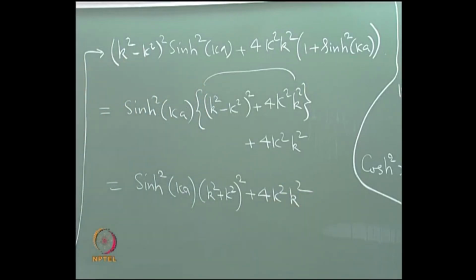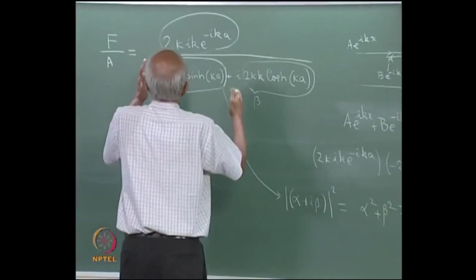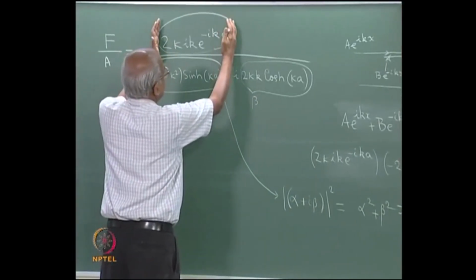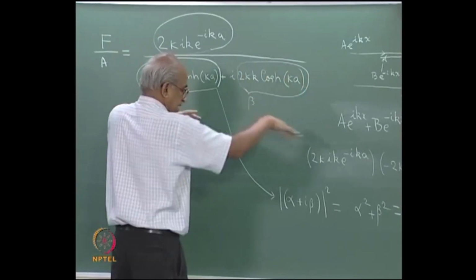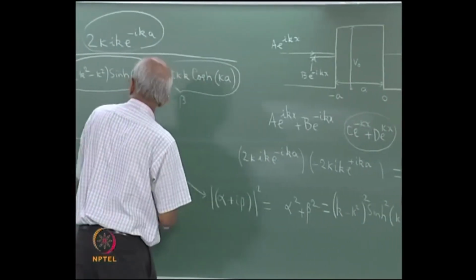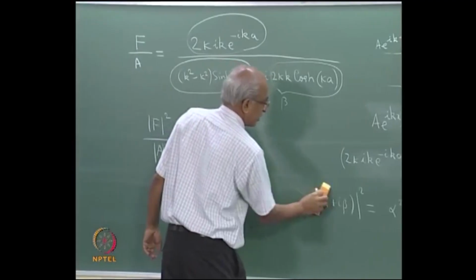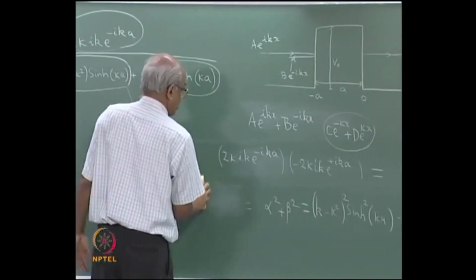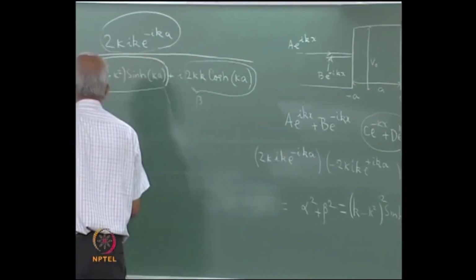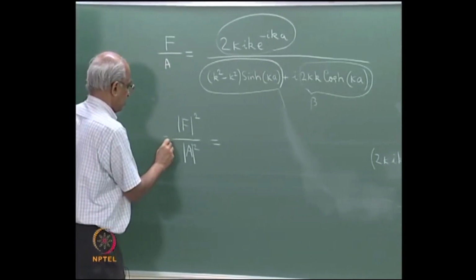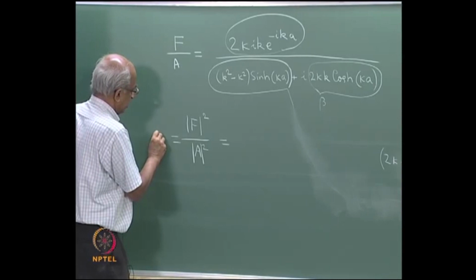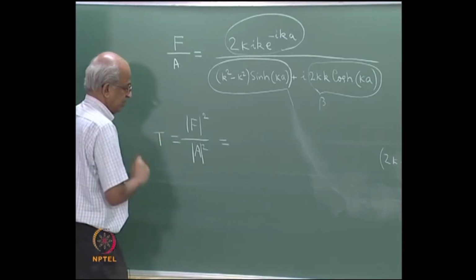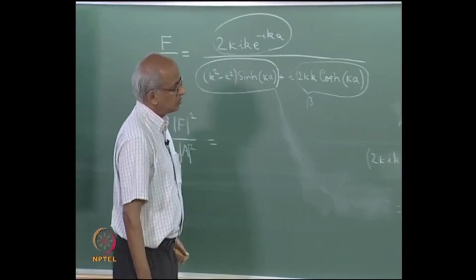So that is the answer. So we have evaluated the magnitude square of the numerator, we have also evaluated the magnitude square of the denominator, and you can use these results to get an expression for f square divided by a square, which we will refer to as the tunneling probability or the transmission coefficient and denote by the symbol capital T. So what is the answer?